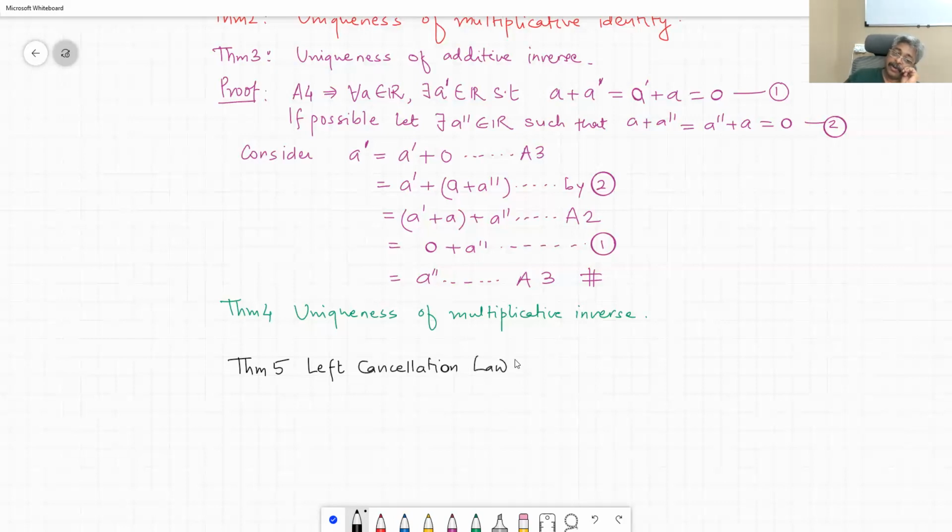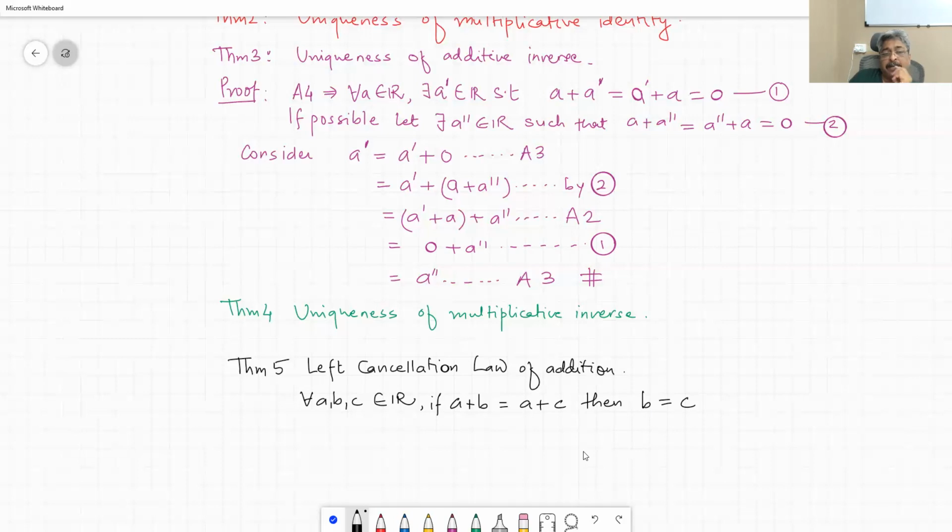In maths, for every A, B, C belonging to R, if A plus B is equal to A plus C, then B is equal to C. Now you have understood how to write the proofs.